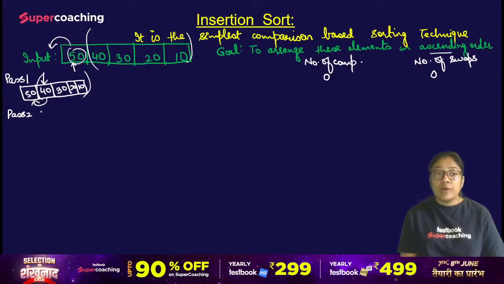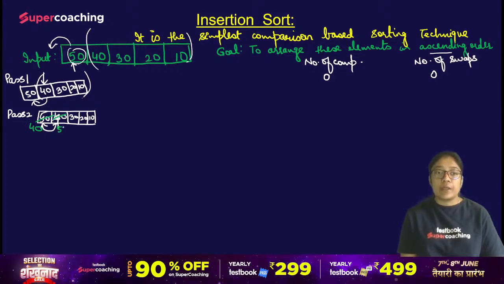Then we will be swapping these two elements. तो यहाँ पे क्या होगा? First swap will take place, and here we'll get 40, 50, 30, 20, and 10. Right? So यहाँ पे we had performed the first swap क्योंकि the first element is greater than the second element, so पहला swap हुआ.